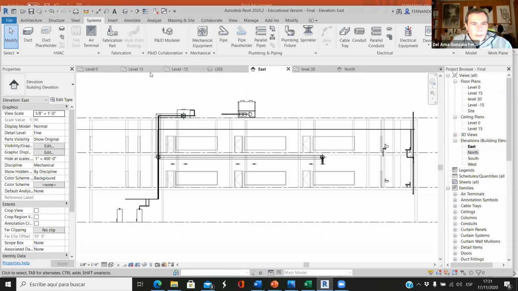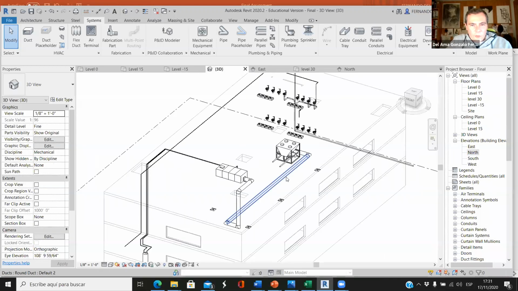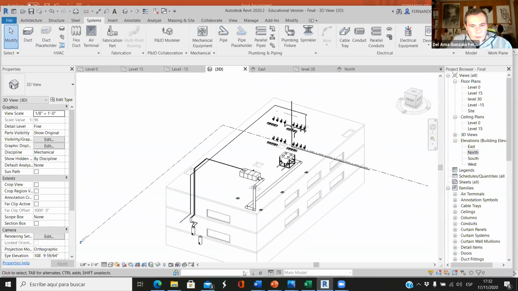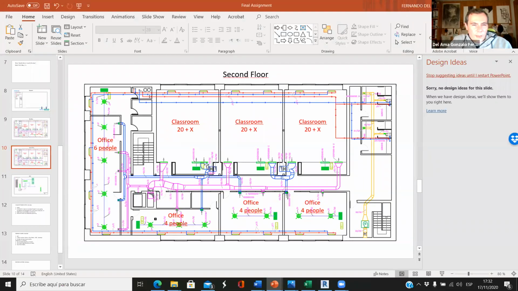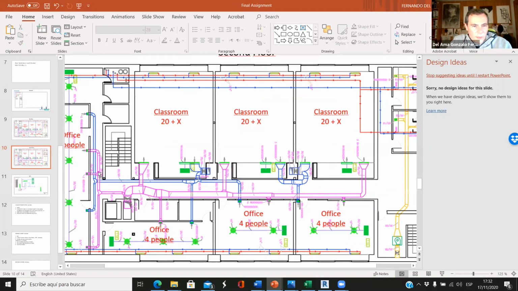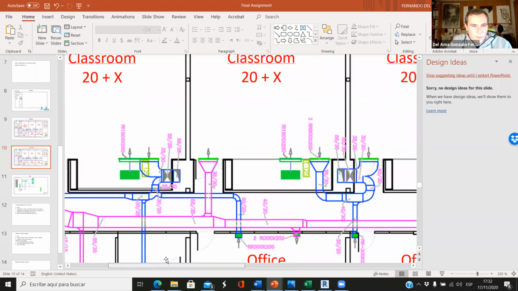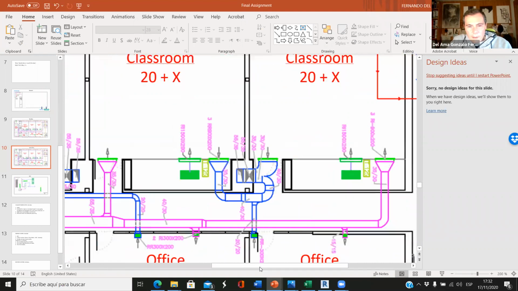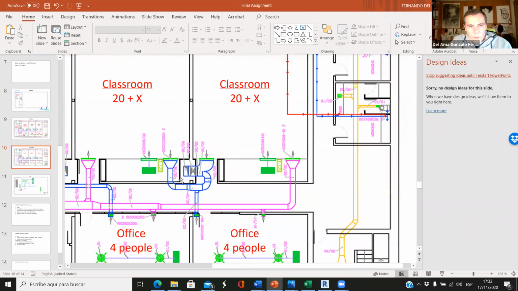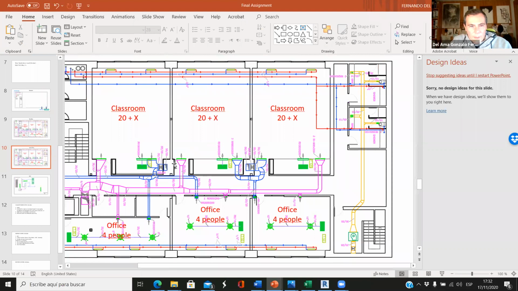And finally, you have to figure out how to work with the diffusers. In this drawing, you see that we have this supply diffuser here. If we zoom in, if there is an arrow going out, this is a supply diffuser. If there is an arrow going in, this is the return diffuser. As you can see, there are two vertical pipes, and they are here.